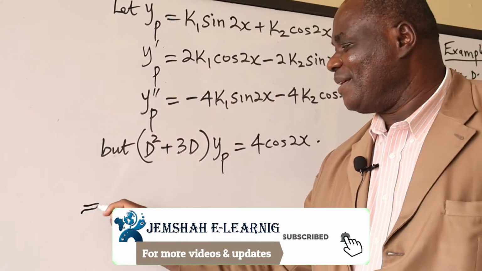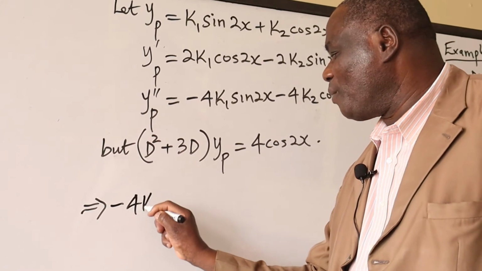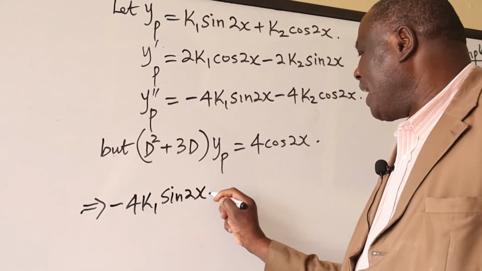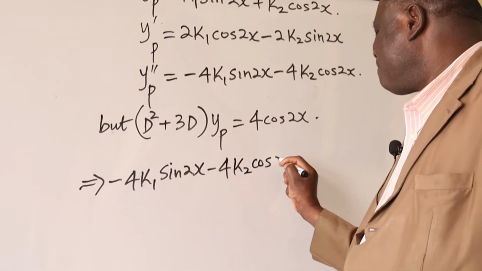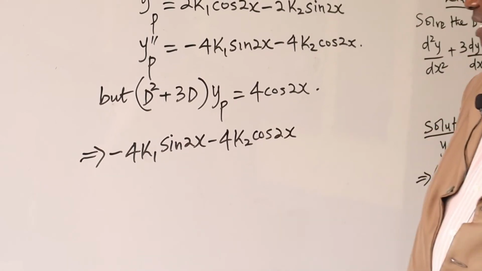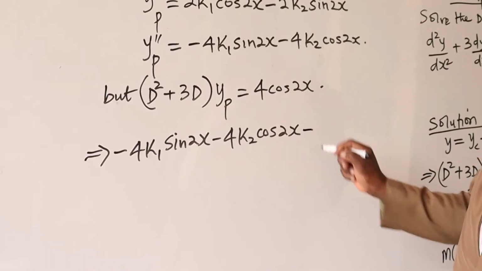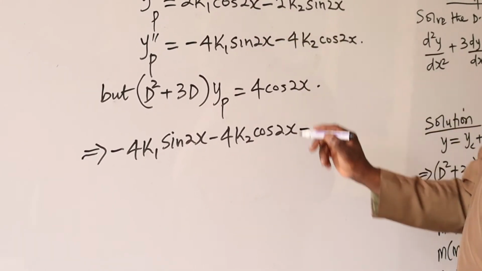This implies we take the second derivative, we write minus 4k1 sine 2x minus 4k2 cos 2x, then plus 3 times the value of the first derivative.